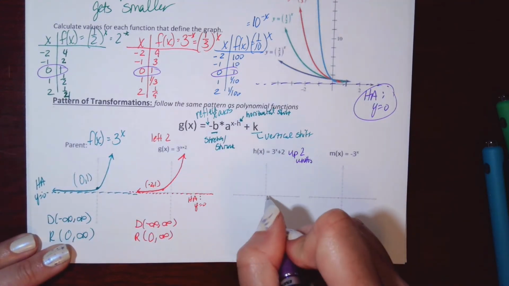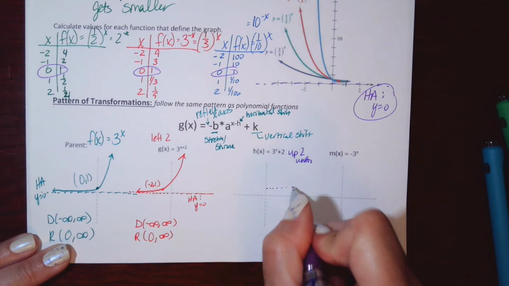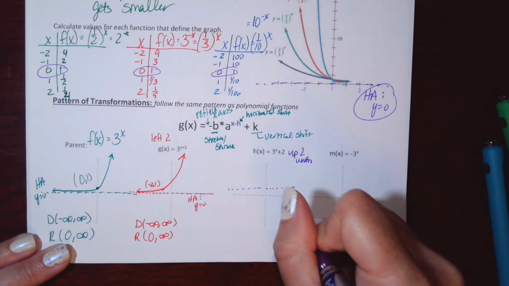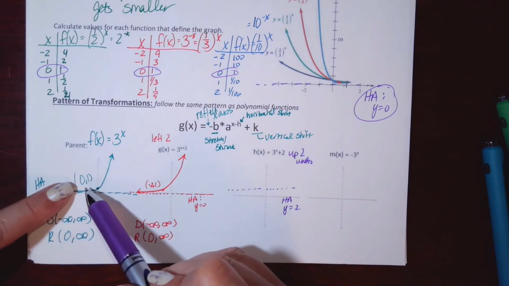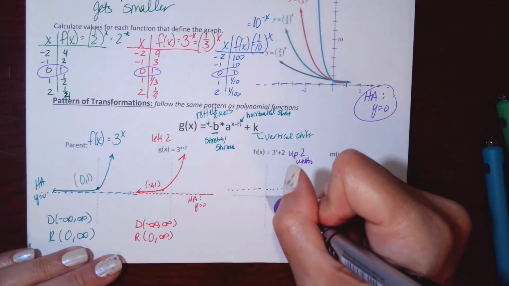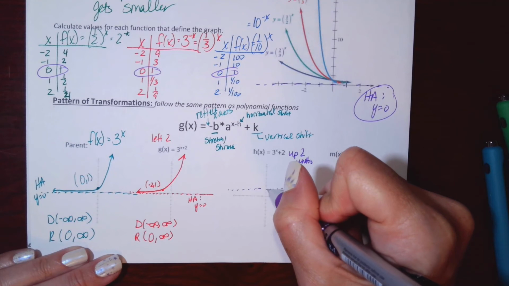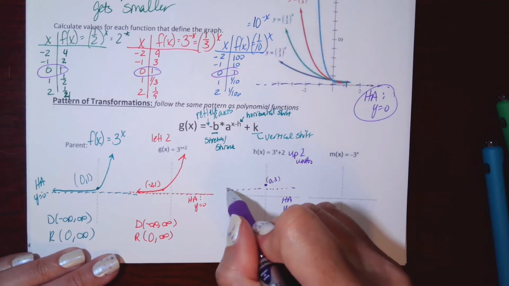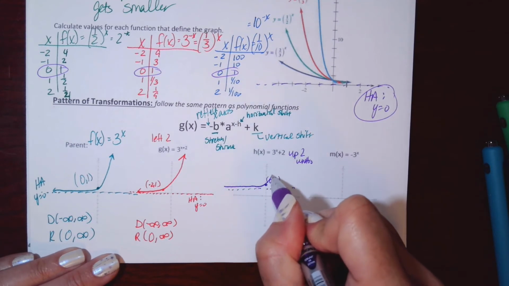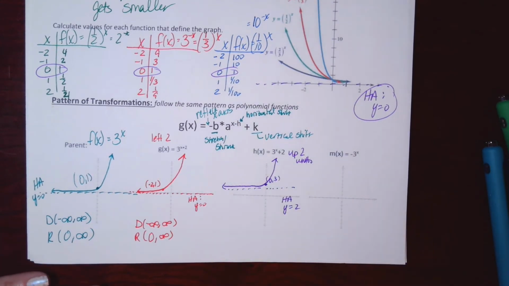My asymptote is going to go up 2, so instead of at 0, now my horizontal asymptote is at y equals 2. My intercept was at 0, 1, it goes up 2, so instead of 1, it's at 0, 3. And then I try to sketch the same increase.